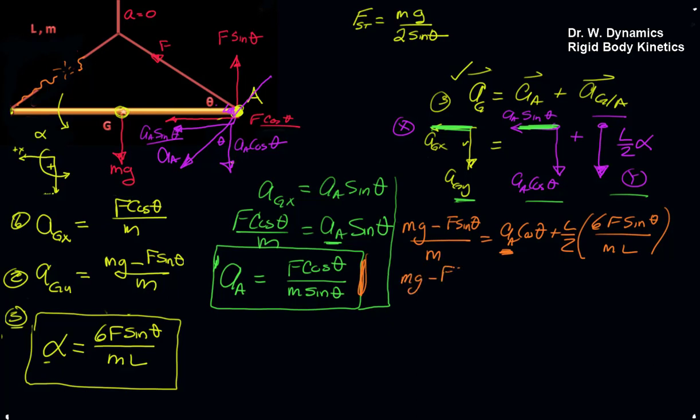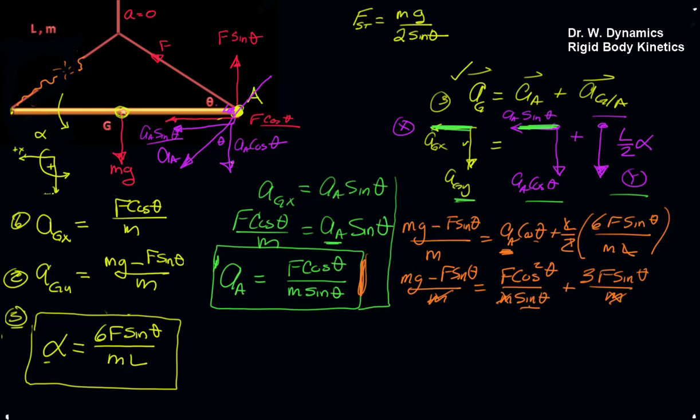mg minus F sine of theta over M is F cosine squared theta now, when we multiply the two cosines, over M sine of theta, plus this L at least goes here, this 2 and 6 become a 3, F sine theta over M. We can multiply through by M, and let's multiply through by sine here as well, just to clean it up and get rid of all the fractions.